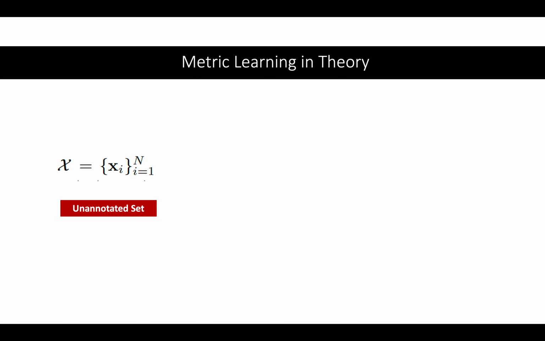Let's say we have an annotated set X. To build the training data for our metric learning problem, remember, we now have some parameters in our metric and we want to learn those parameters. So to build the training data, we manually create two sets. The first set S is such that the pair of examples xi and xk belongs to set S if xi and xk are similar from our subjective perspective.